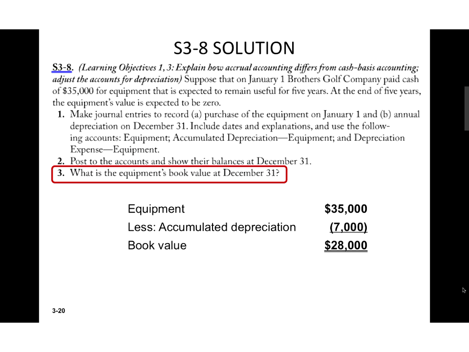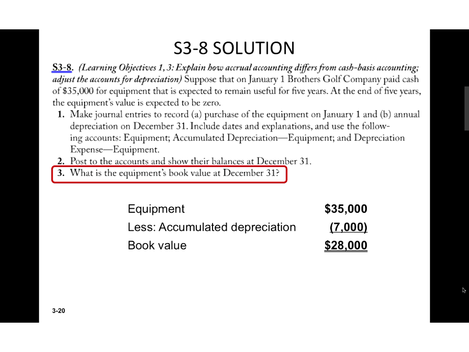Or the value in the middle of the 5 years. There are no years attached to the dates. The question is, when is book value shown? Book value is shown at the end of every period, and accumulated depreciation always has a balance in it, and it's all the depreciation expense. So after one year, we know it's $7,000.